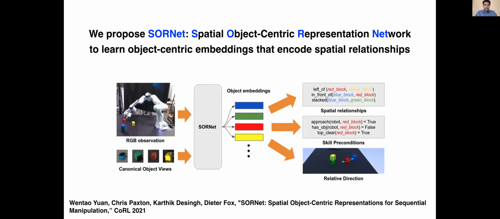It can also be used for classifying skill preconditions that are relevant to robot manipulation tasks. And with large amounts of data, the embeddings can capture continuous information in the form of relative direction between physical entities.